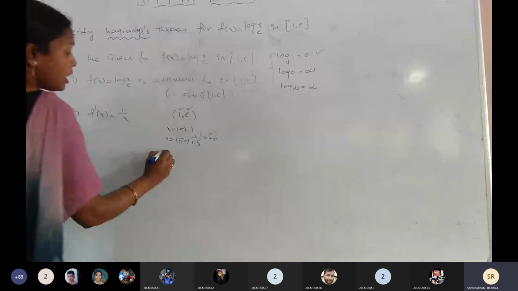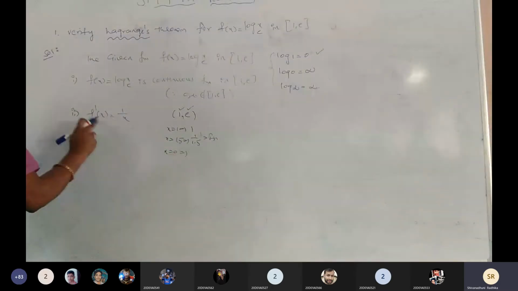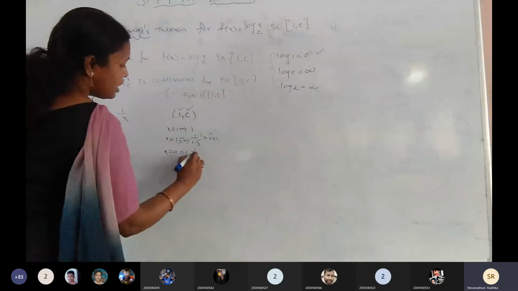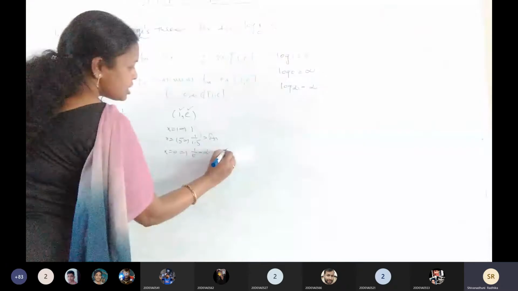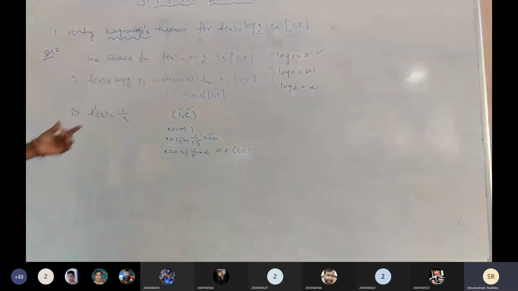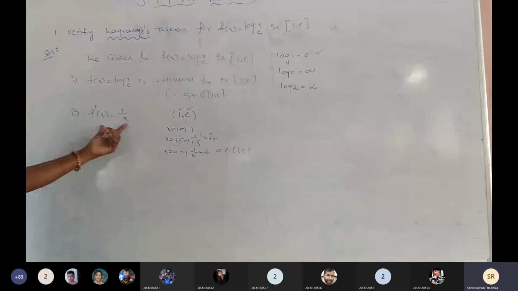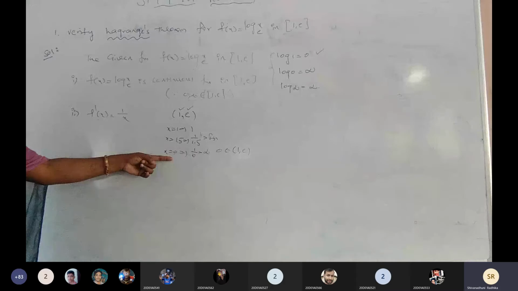Now at x equals 0, suppose at x equals 0, what is the given function? 1 by 0 is infinite. We are getting an infinite value for f dash of x at the point x equals 0.